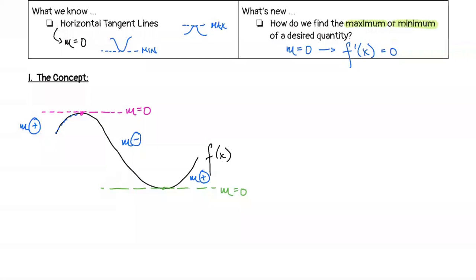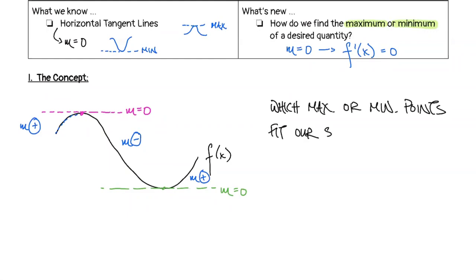And one thing for us to keep an eye out for is which maximum or minimum points fit our scenario. Okay, so that's something we want to be aware of. Which ones actually fit our scenario and make sense, while others make no sense at all.